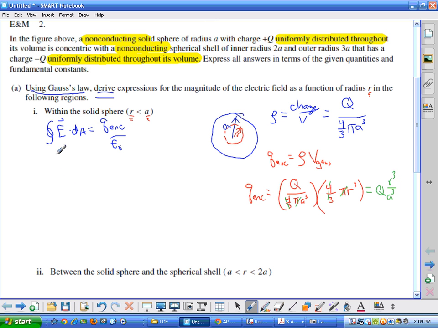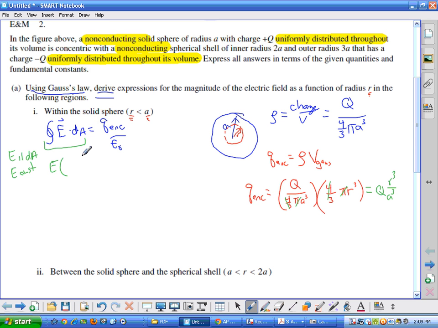When we look at this, E is parallel to dA, and E is constant. So this integral becomes E times the surface area of the Gaussian sphere. Again, it's extremely important that you keep your Gaussian sphere and the non-conducting solid sphere straight.